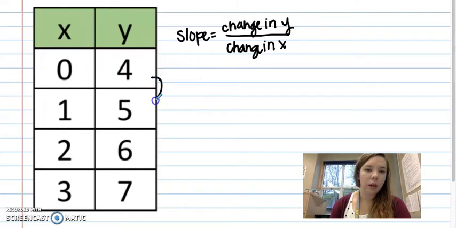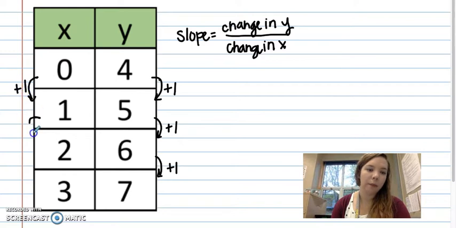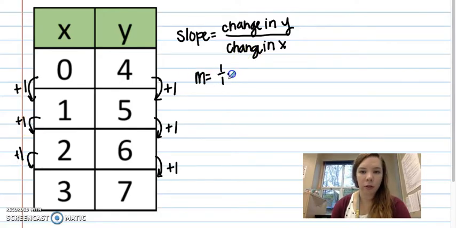So this would be plus 1, plus 1, plus 1 every time on our y. So 4 plus 1 is 5. 5 plus 1 is 6. 6 plus 1 is 7. And then I'm going to do the same thing for x. It also looks like x is adding 1. So in this case, my slope is 1 over 1, which is the same as 1.